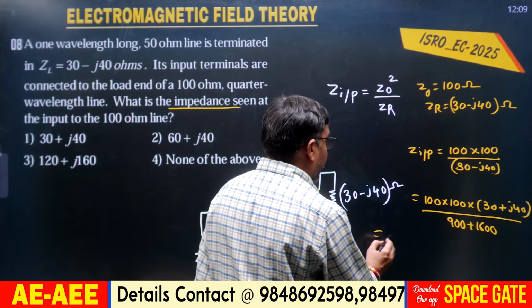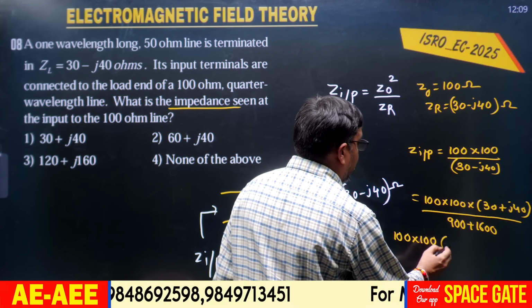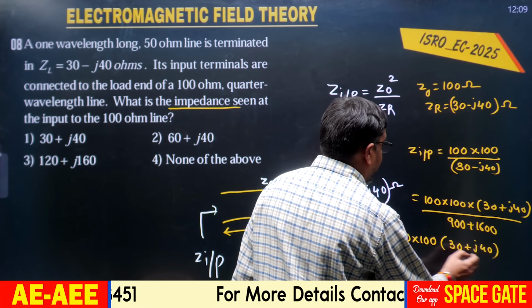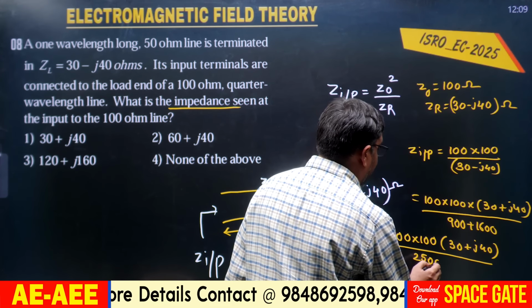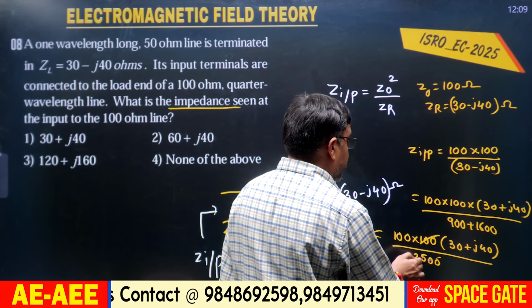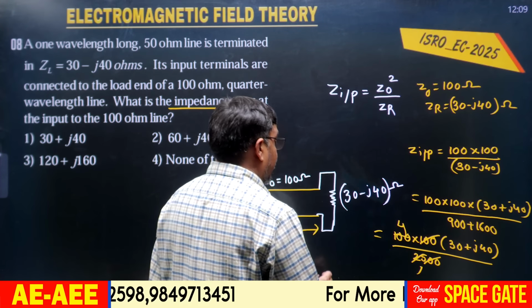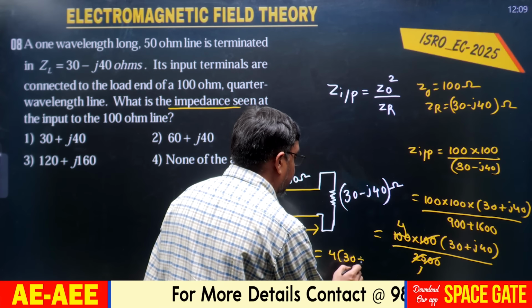So that equals 100 into 100 into 30 plus J40 divided by 2500, which is 1600 plus 900. Two zeros cancelling, 25 ones are 25, 25 fours are 100. So 4 into 30 plus J40.